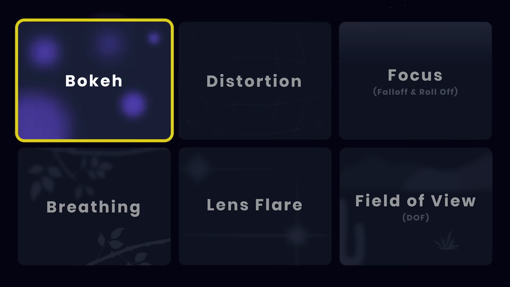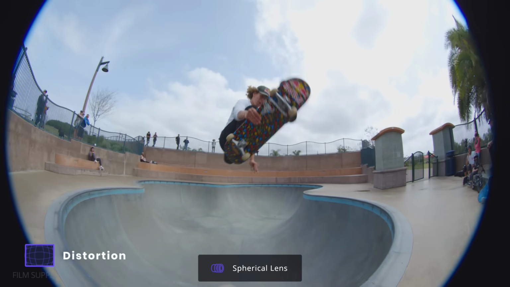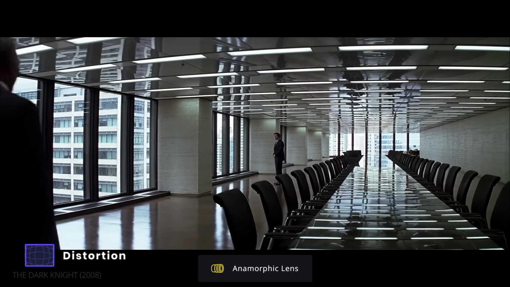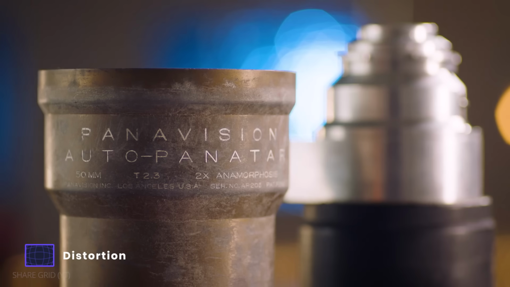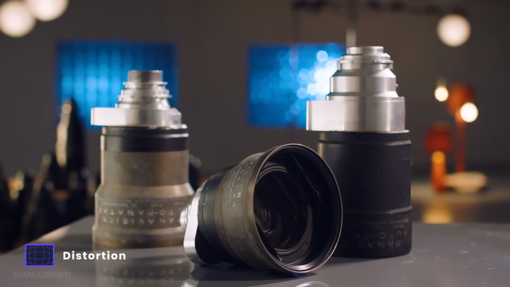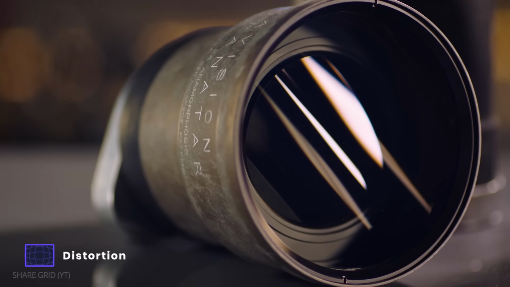Next, distortion is a byproduct of both spherical and anamorphic lenses. One element that plagued early anamorphic lenses was something called scope mumps, which stretched and distorted faces, especially in close-ups. Another visual characteristic associated with early anamorphic lenses is called barrel distortion.